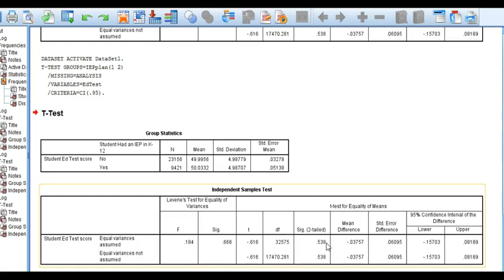Eta squared is going to range from 0 to 1, and it basically represents the proportion of variance in the dependent variable, so in this case in ed test score, that is explained by the independent variable or the groups, so having an IEP plan or not. The guidelines, if you're interpreting your effect size as an eta squared, 0.01 is a small effect, 0.06 is a moderate effect, and 0.14 or larger is a large effect.